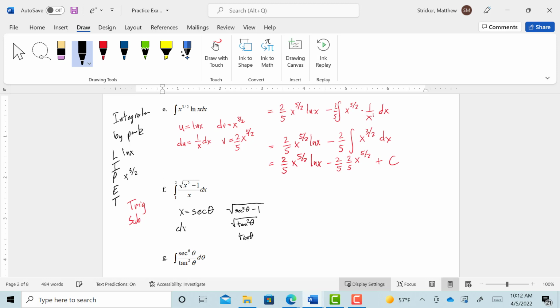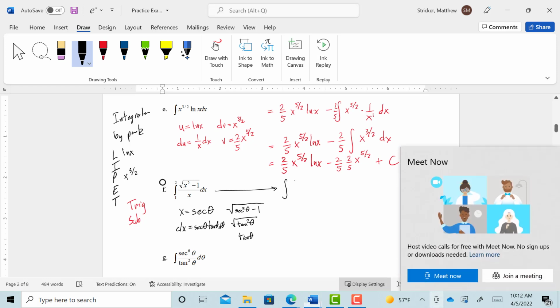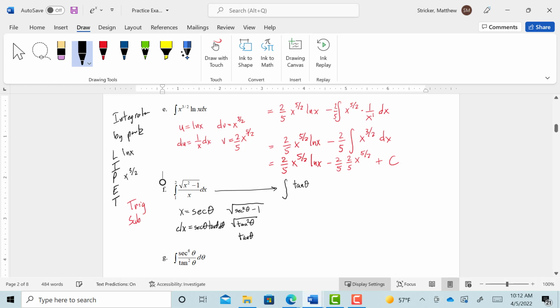Of course, we also need to find dx. dx, the derivative of secant, is secant tangent. And so we can now do our substitution, right? We know the top, we just saw that simplifies to tangent theta. And the bottom, that's x, so that's going to be secant theta. And then we know dx is secant theta tangent theta d theta.